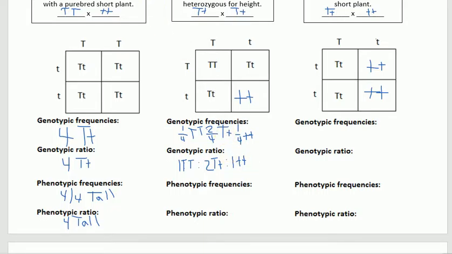So I want you to make sure and note these are important right here when you're doing ratios. Those are very important. So our phenotypic frequency, remember phenotype is the physical appearance. We're going to have 3 out of 4 that are tall and 1 out of 4 that is short.